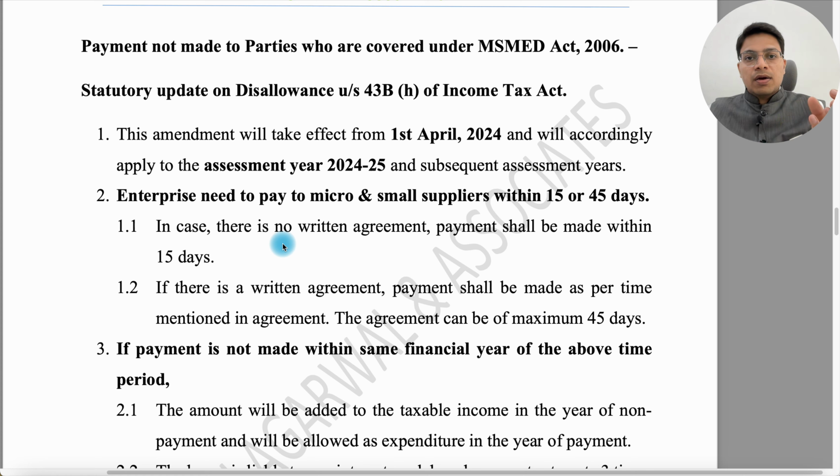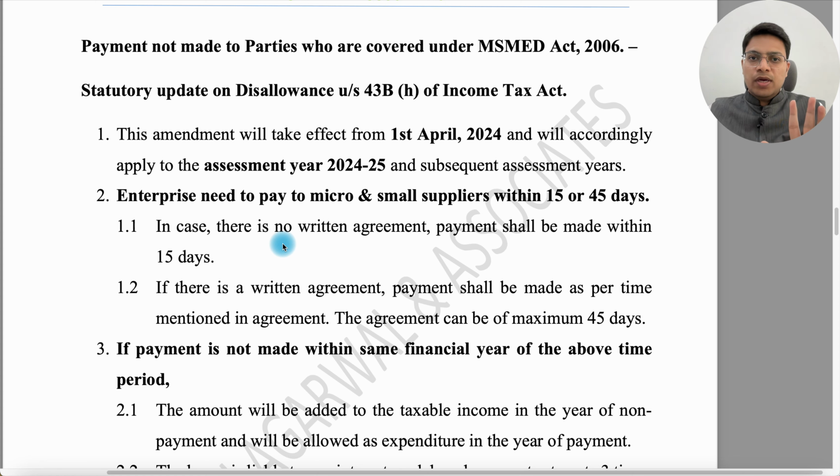If you want to simplify this further and for a layman's understanding, you can consider the date of invoice. From the date of invoice, you try to make the payment within the same financial year of the invoice, then automatically this provision will be complied. This is not as per law, but for you to understand clearly in a simple language, I am saying this.